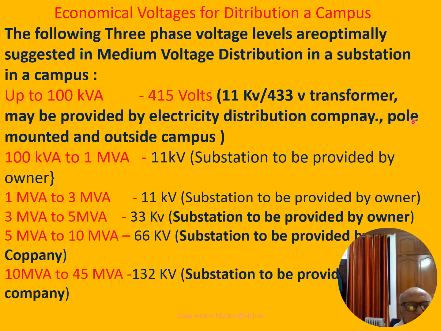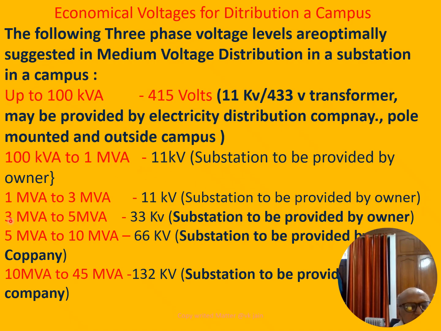It may be pole mounted, and poles are outside the campus. If your load is between 100 kVA to 1 MVA, it is suggested by the electrical company that 11 kV is sufficient, and the substation can be provided by the owner. From 1 to 3 MVA, once again an 11 kV substation may be provided by the owner.